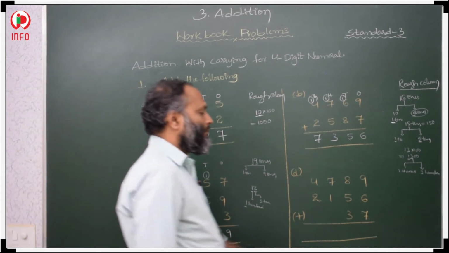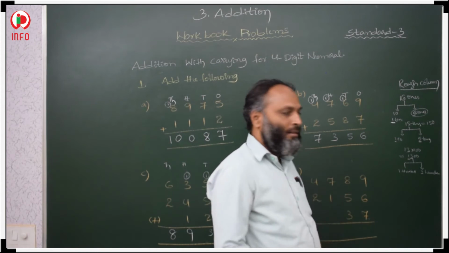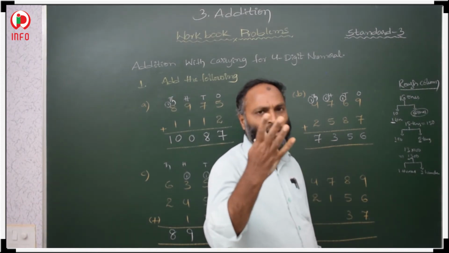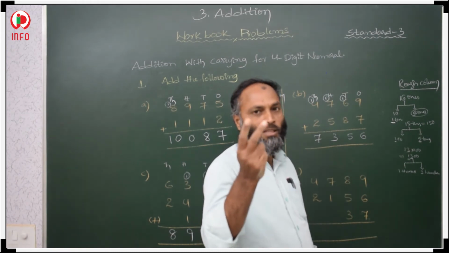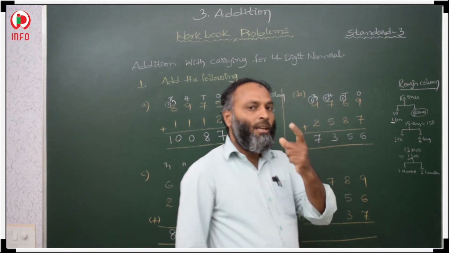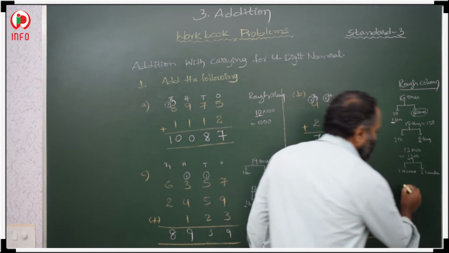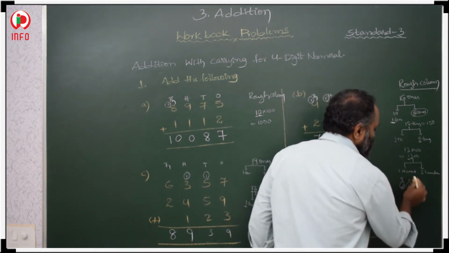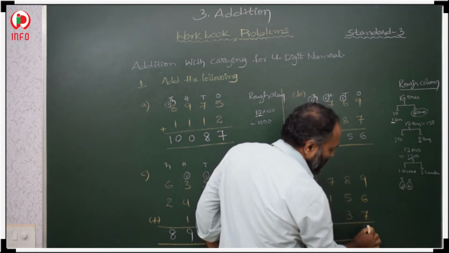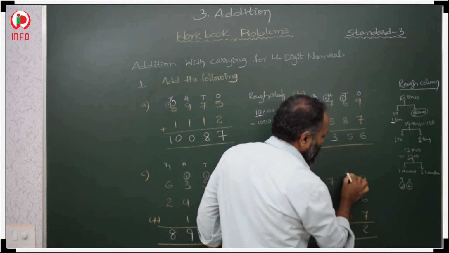Now here. 9 plus 6, 9, 10, 11, 12, 13, 14, 15. 15 plus 7. 16, 17, 18, 19, 20, 21, 22. 22 means this is ones, this is tens. How many ones? 2 ones in the ones place, 2 tens in the tens place.